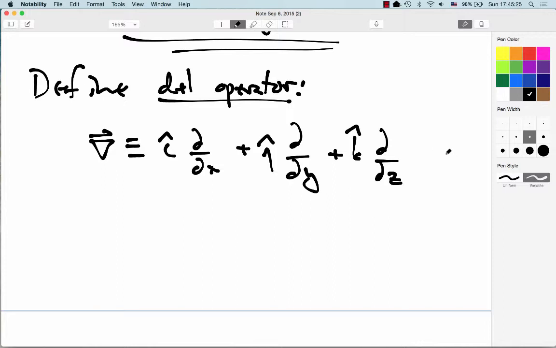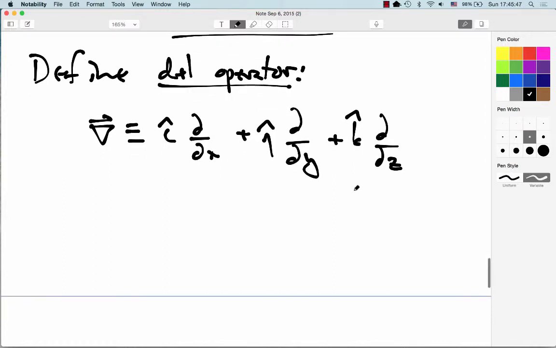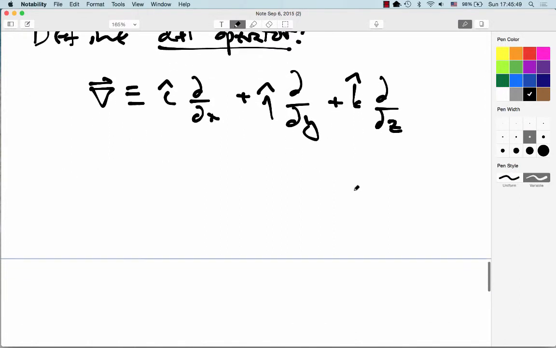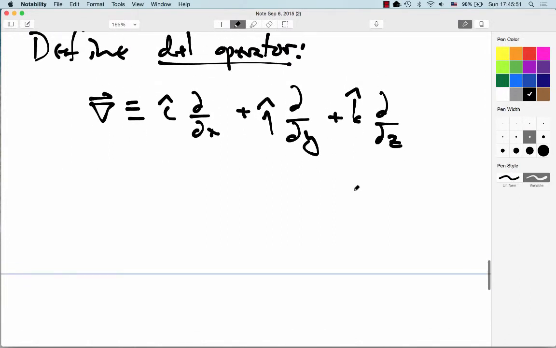So I say have del times a, for instance. What I would be doing is taking the partial derivative of a with respect to x, multiplying that by i hat, y with respect to x multiplied by j hat, z with respect to x multiplied by k hat. That will give me some sort of vector in this particular case. In fact, that vector would be what we call the gradient. So this is also known as the gradient operator.